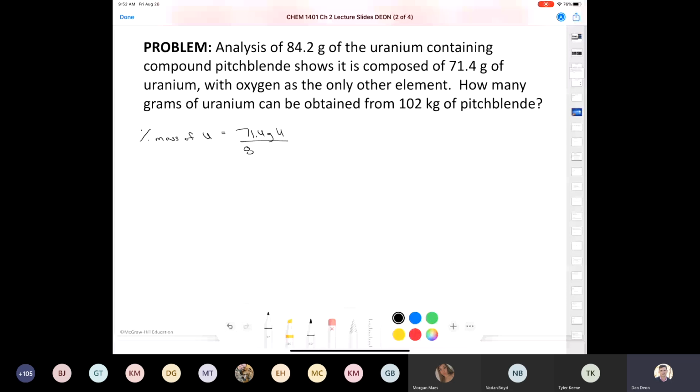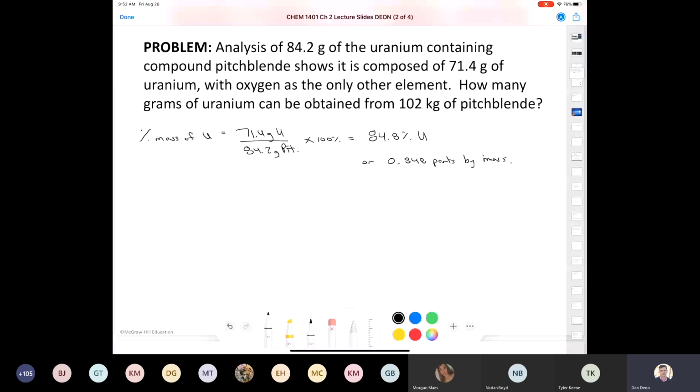Now, if I multiply that by 100%, just for posterity's sake, I've already done this one, and it's 84.8% uranium. I can express that as a fraction of 1, dividing by 100, and I would end up with 0.848 parts by mass.